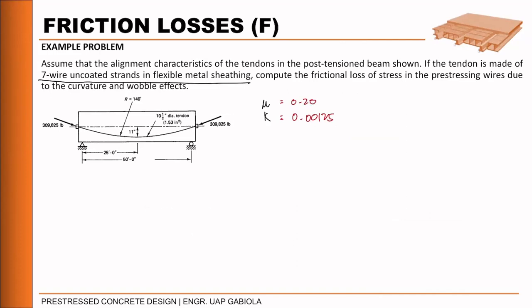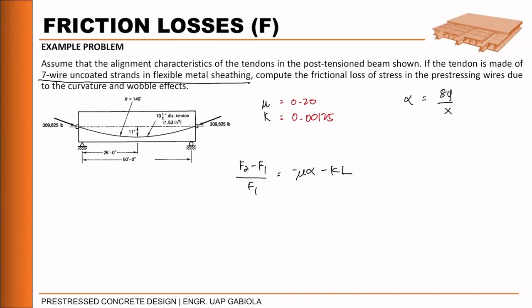Pinapahanap is yung frictional loss. So, by formula, yung simplified natin kanina, so we have F2 minus F1 is equals to F1 times E raised to negative mu alpha minus K times L. So, wala tayong value ng alpha, pero pwede natin gamitin yung formula na 8y over x sa calculation natin.